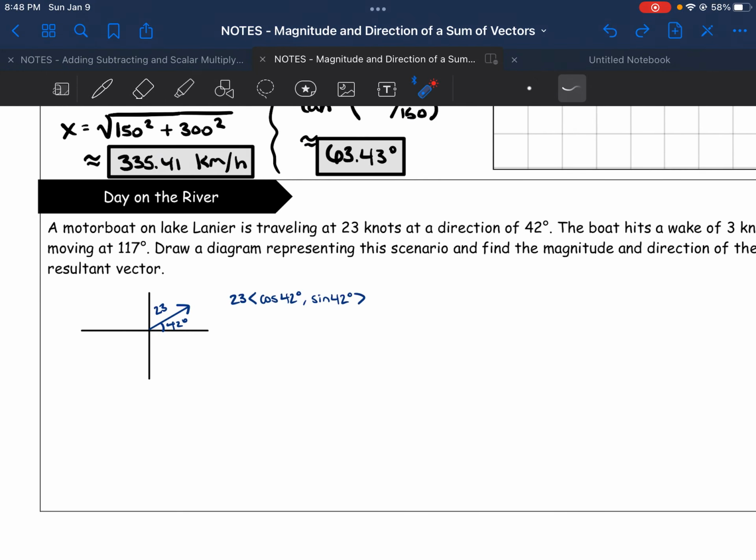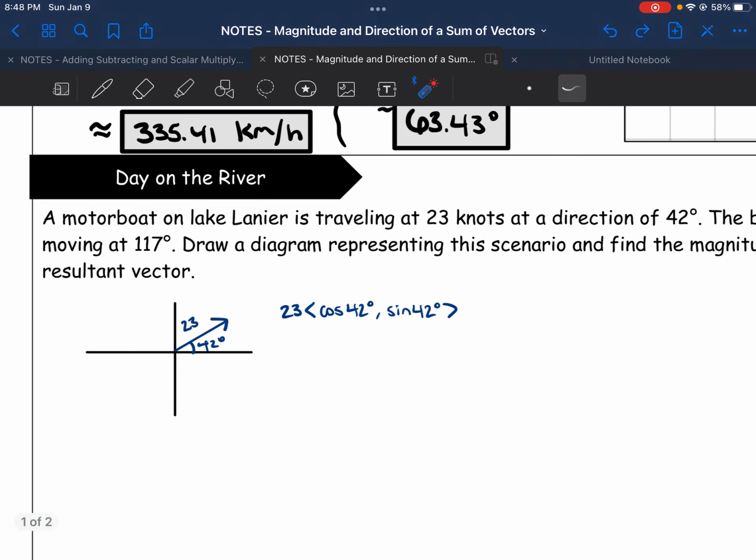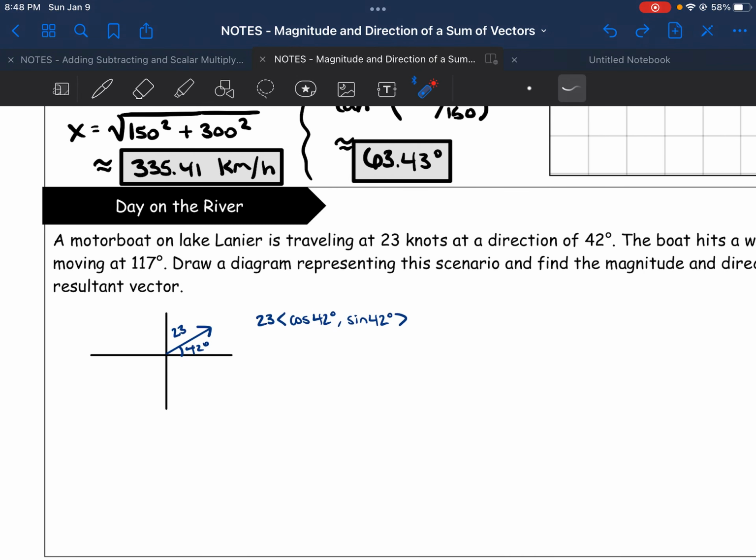Now, one thing that we can do when we know the magnitude and the direction, well, we learned in the last class, I think that was Friday, that you can take a scalar and multiply it into the vector. So we're going to let the magnitude be the scalar on the outside of the vector, and we're going to represent the horizontal component as cosine of the angle, and the vertical component as the sine of the angle.